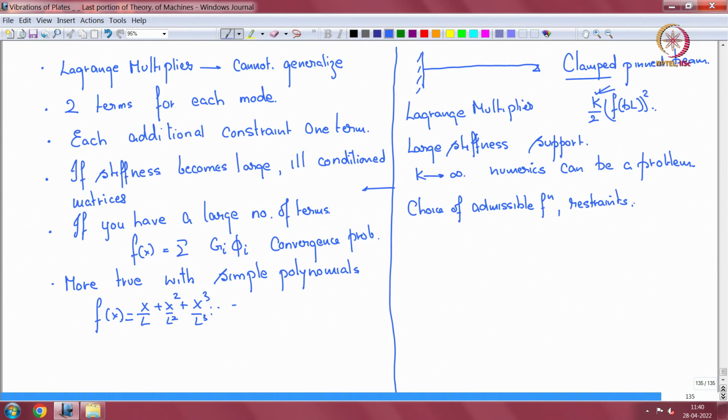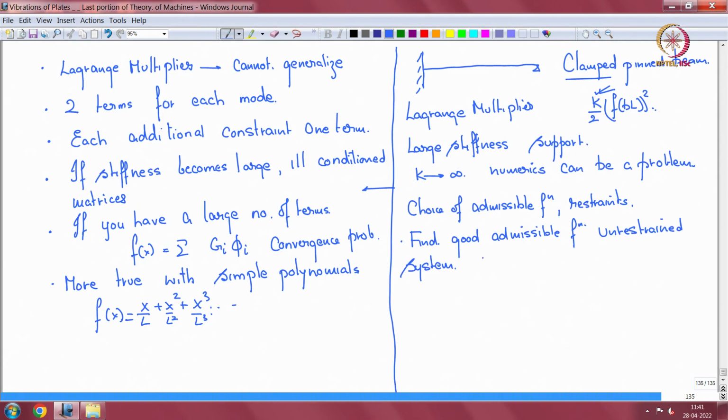A strategy seems to be that you find good admissible functions for an unrestrained or unconstrained system. That means for the unconstrained system, these admissible functions are good when you do the numerics.